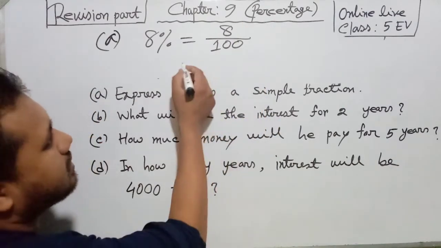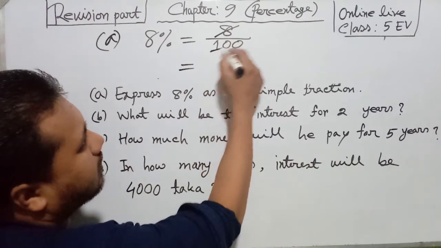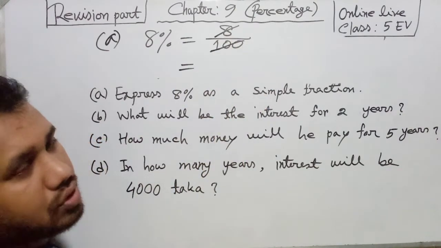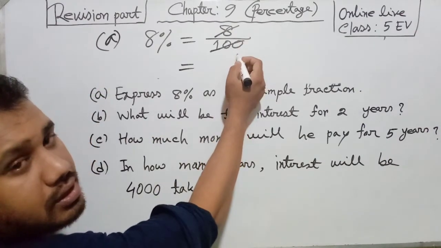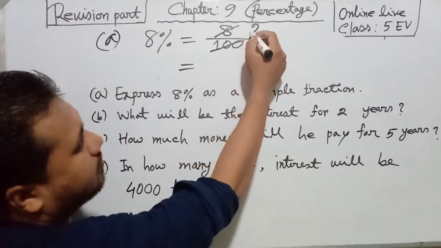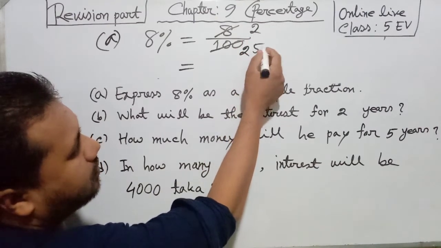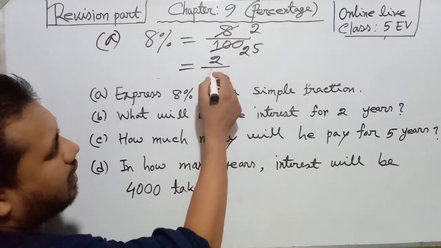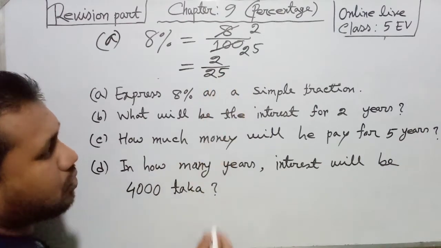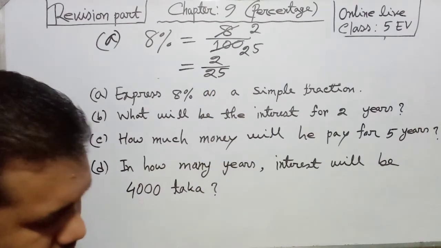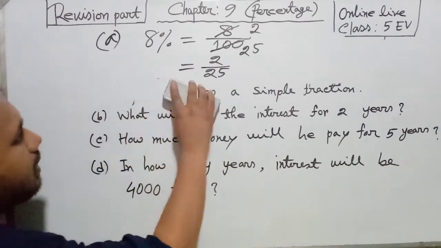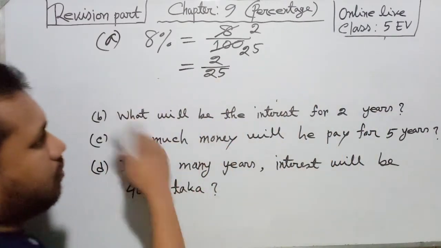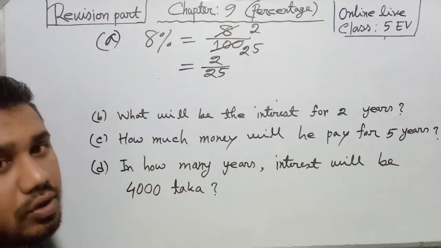Now if we minimize it by, suppose 4, then it will be 2 and it will be 25. So we can say our answer is 2 by 25. So this is our simple fraction. Clear? 2 by 25.